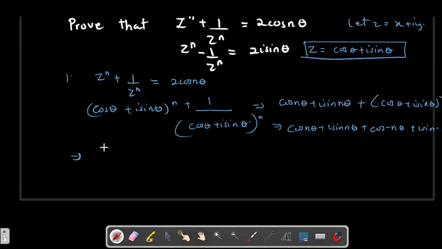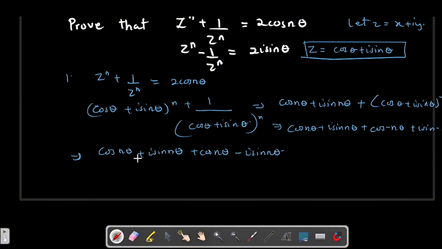So this expression gives me cos n theta plus i sine n theta. Then for cos negative n theta, I can push the negative out. Remember, cos is an even function, so I'm simply going to have plus cos n theta, then minus i sine n theta.